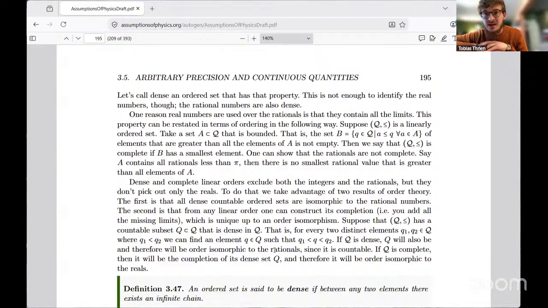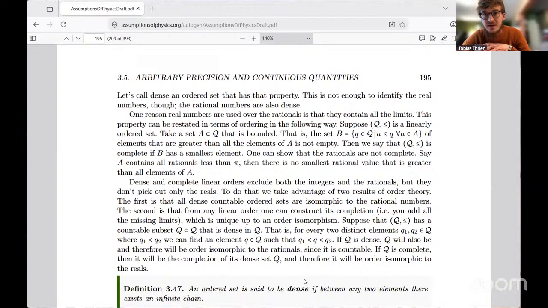That is, the set B of all elements of Q that are greater than or equal to all elements of A is not empty. So that means we have a bounded set. Then we say that Q is complete if B has a smallest element.